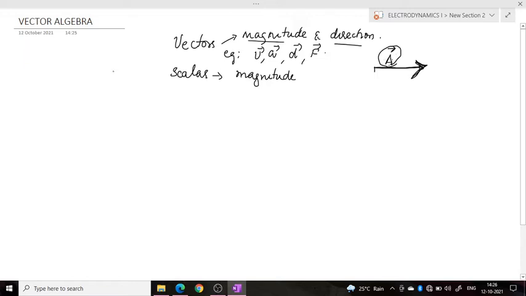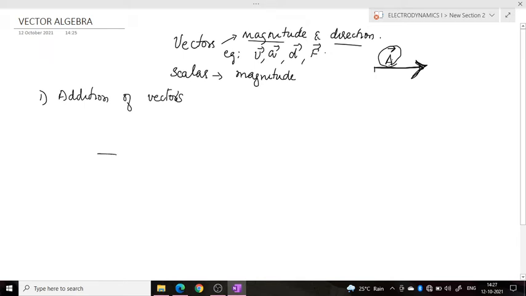Now we will be dealing with some of the important operations on vectors. The first one is addition. How can we add two vectors?